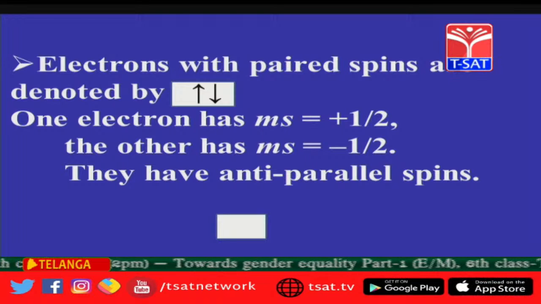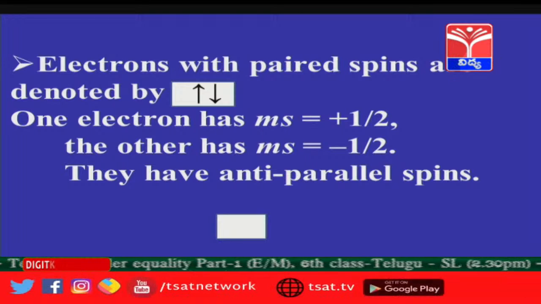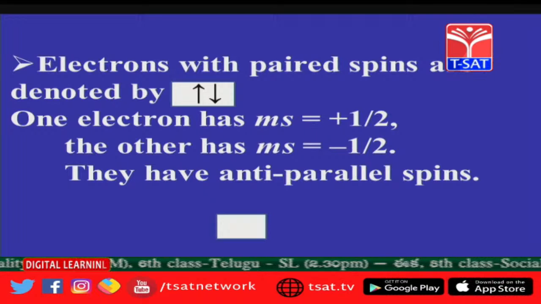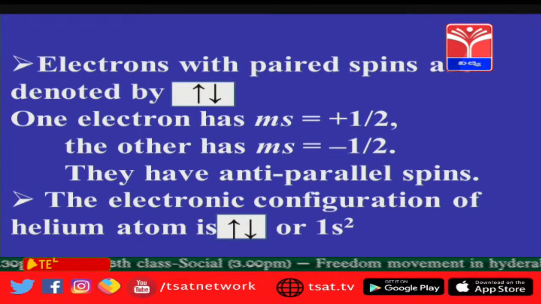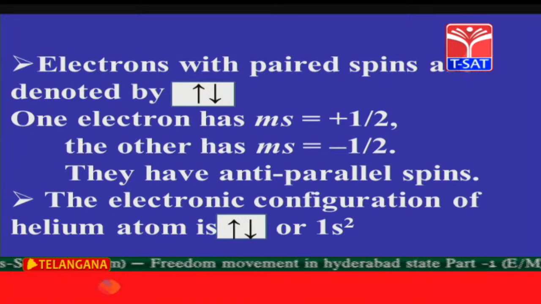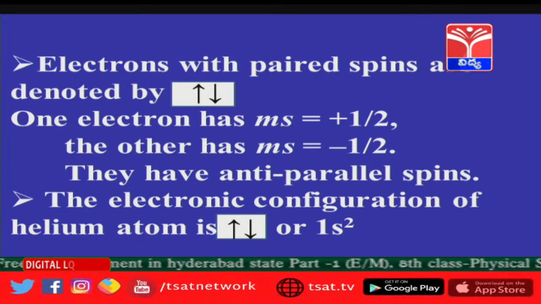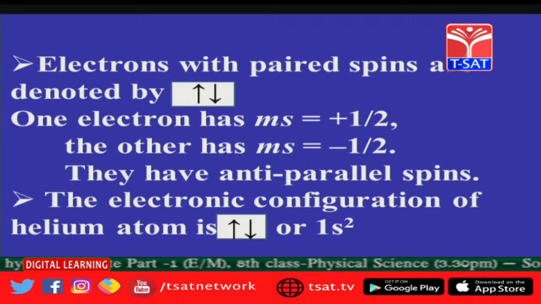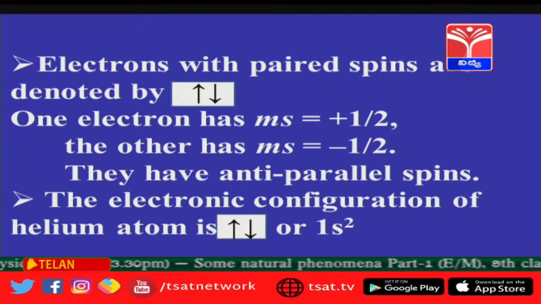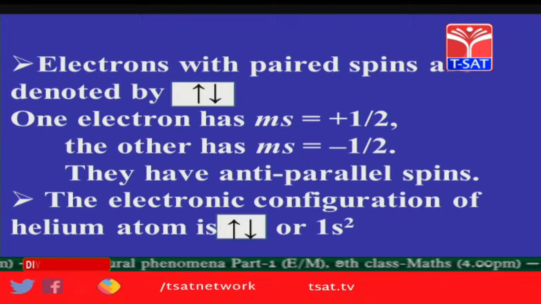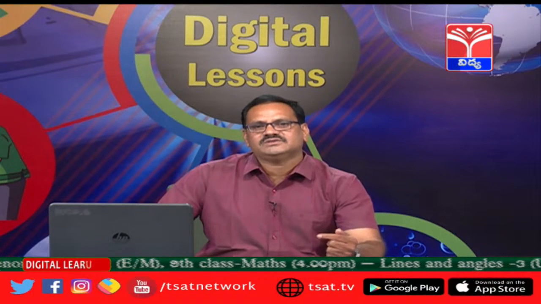One electron has plus 1/2 and the other has minus 1/2. The anti-parallel spin electronic configuration of the helium atom is given here, and here you can see that one is upward and another is downward, or you can write it as 1s2. For hydrogen we have written it as 1s1, and now for helium it is 1s2.